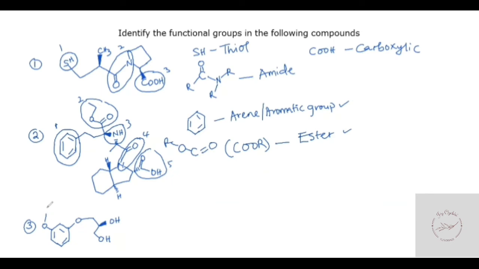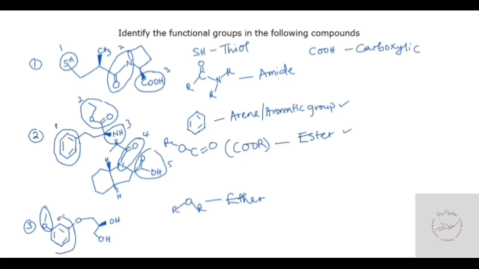Third one, we have this here, which is this, and that is called an ether. Okay, that is ROR or COR.